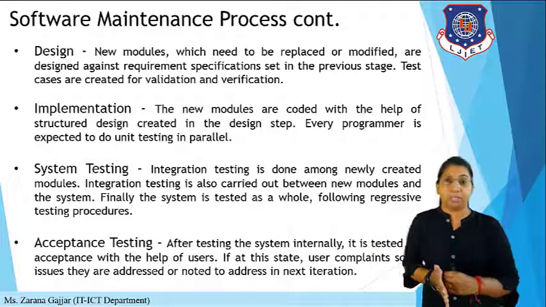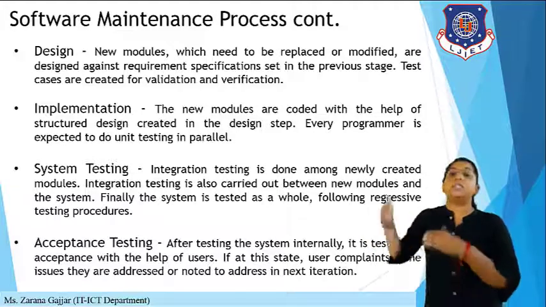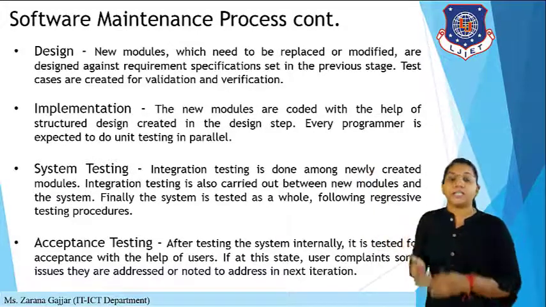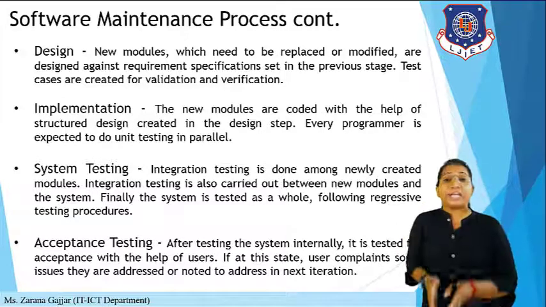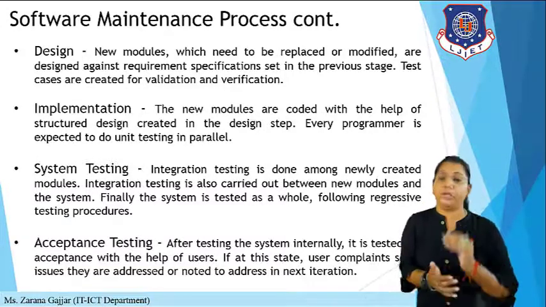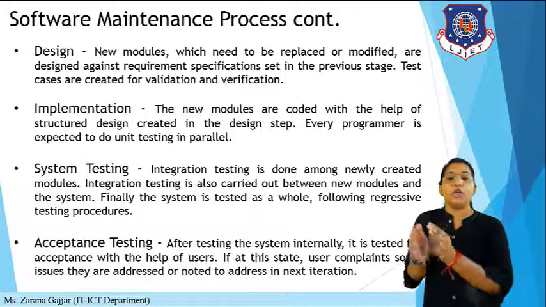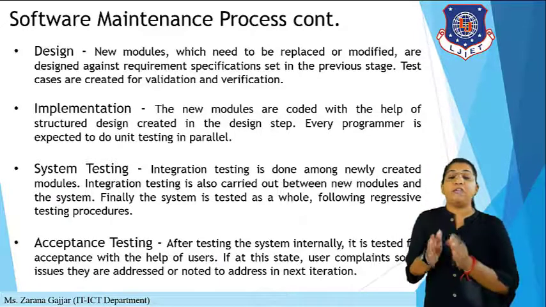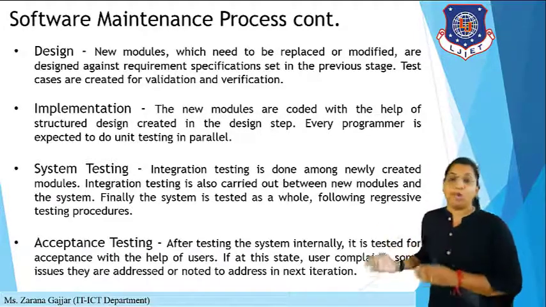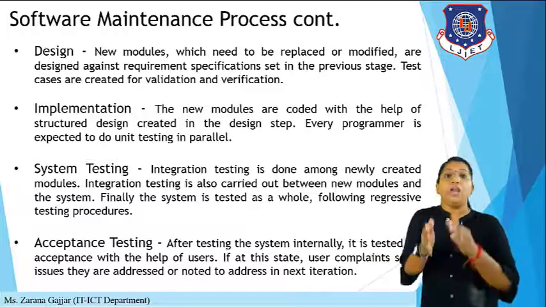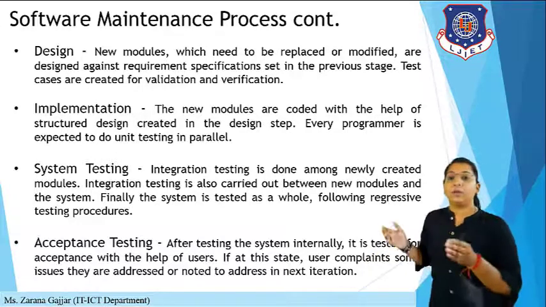Now acceptance testing. After testing the system internally, it is tested for acceptance. Here users are testing that particular module, and whether the module is acceptable or not will be tracked by the user. In this stage, the user complains about some issues.